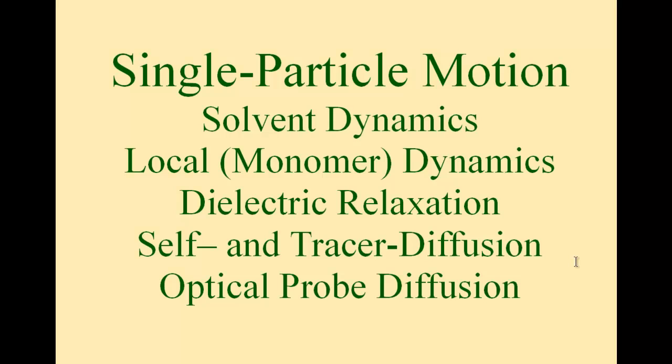Stuck into the dielectric relaxation chapter is discussion of the observation that if you take a polymer chain, run up the local concentration of polymers in solution, the chain shrinks. That's usually referred to neutron scattering, but in fact there are 3 ways to measure that phenomenon. Dielectric relaxation turns out to be the most effective.